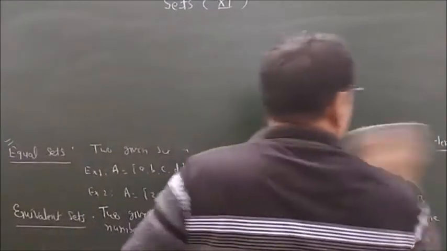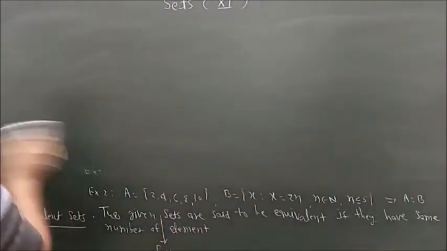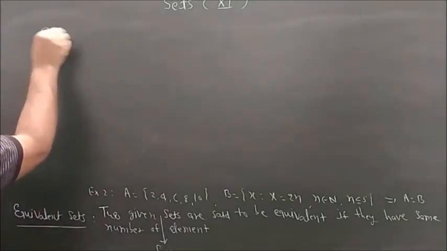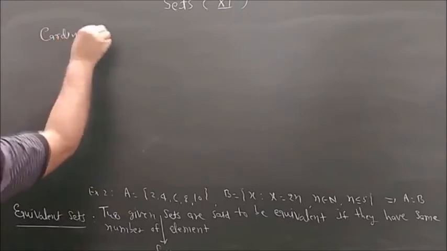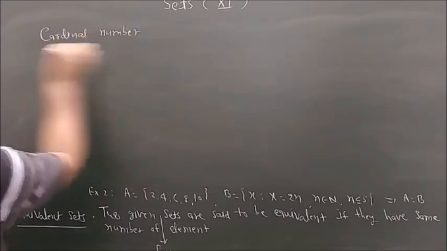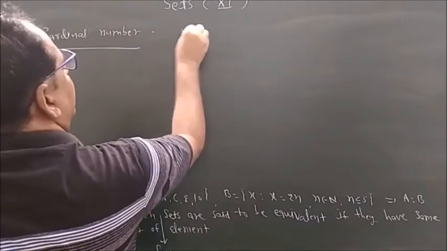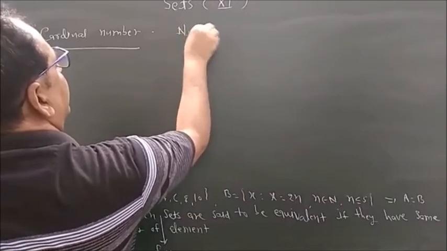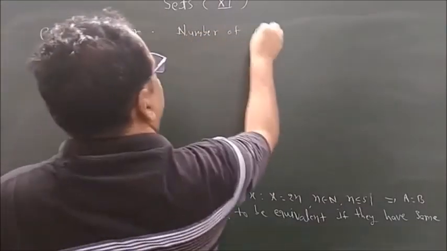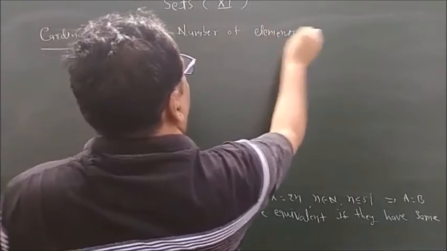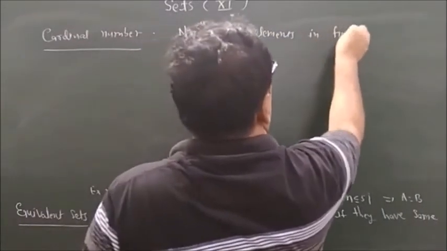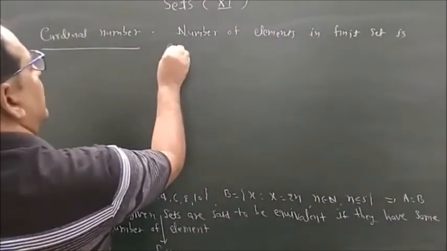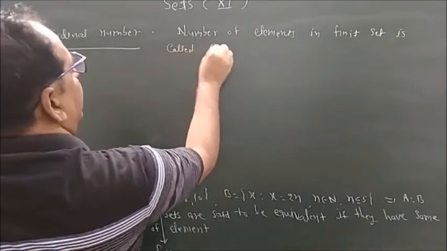One more word can be used here: cardinal number. The number of elements in a finite set is called the cardinal number.